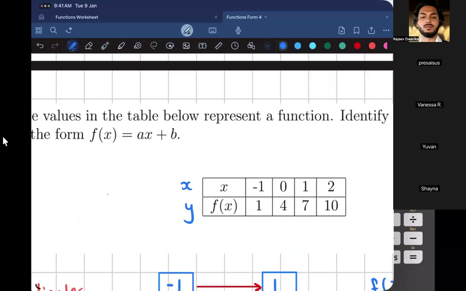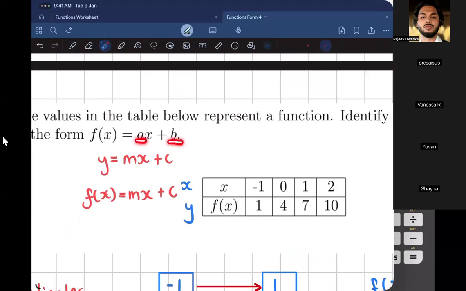Because recall, check this. The equation of a straight line is y is equal to mx plus c, or you can write it as f of x is equal to mx plus c. Now, someone might be saying, but sir, I have a over here and b over here, and I have m over here and c over here.